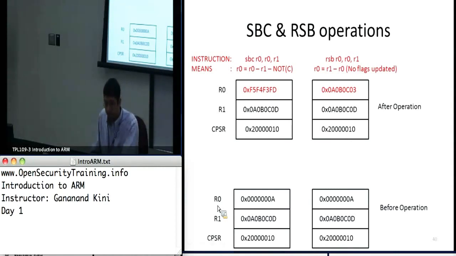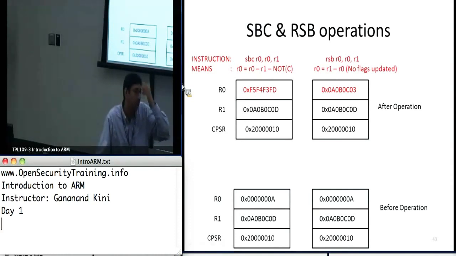So does that make sense? Why is the carry set? For the reverse subtract, why is the carry flag set after? The carry flag should not be set. And actually, in this example, the CPSR you're going to see is not accurate, because the emulator is not accurate.